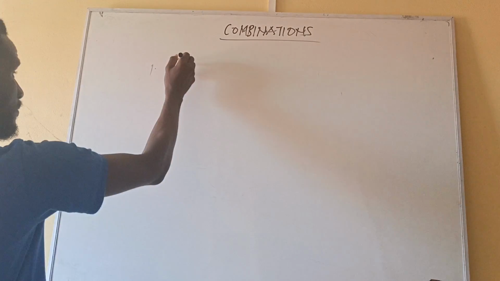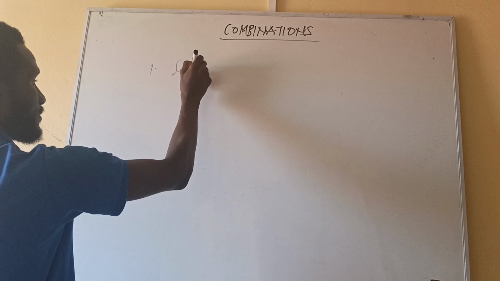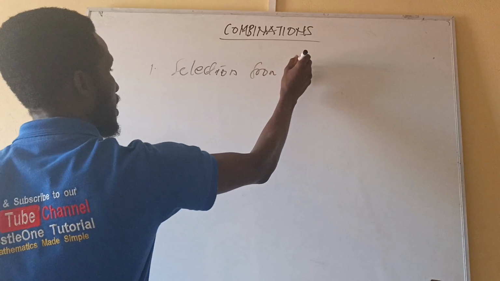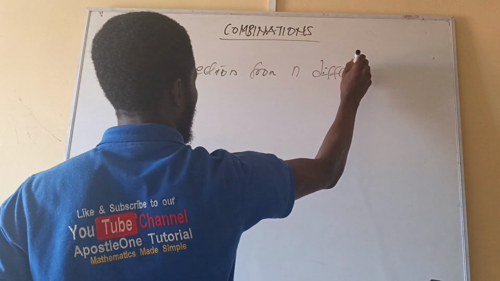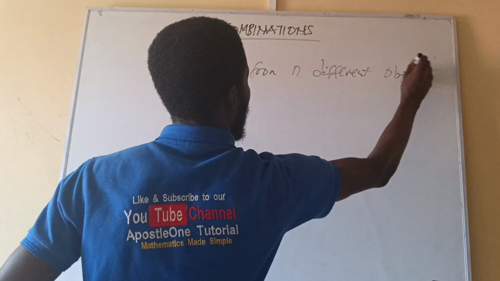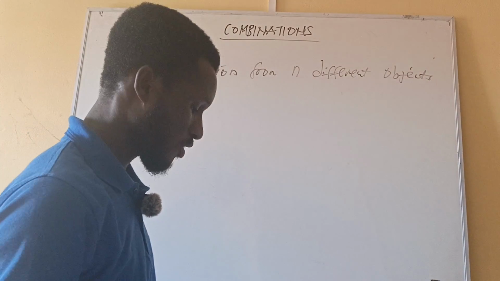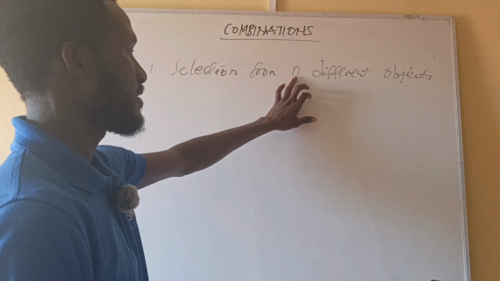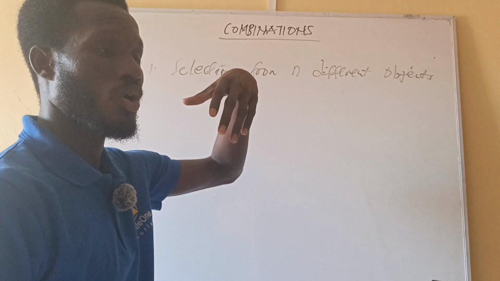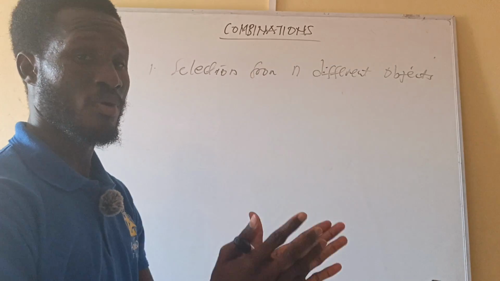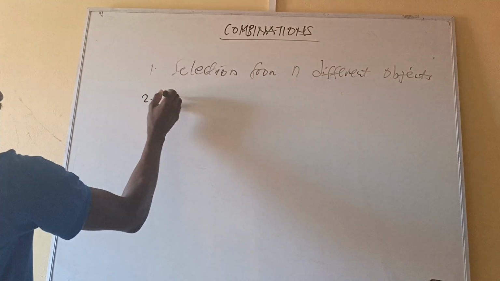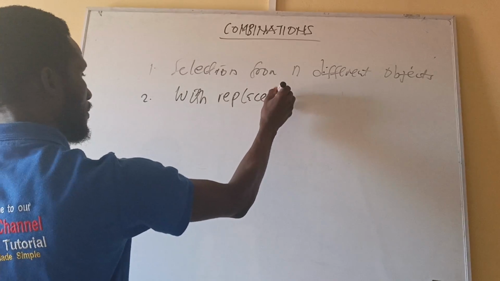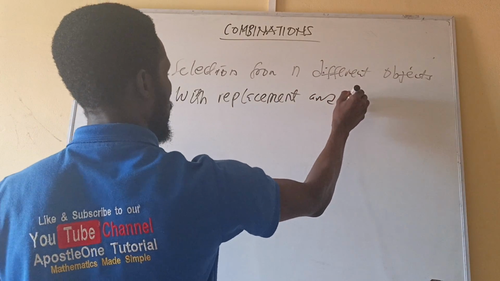So let's say I am making a selection from n different objects, meaning this n represents the total number of objects. Two, I will talk about selection with replacement and without replacement.